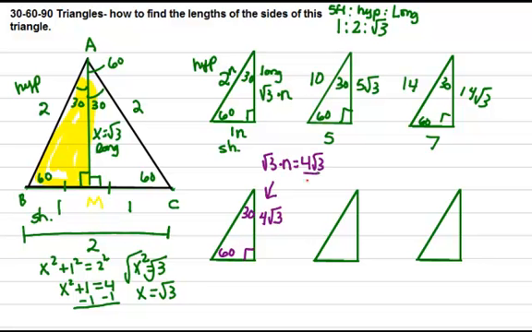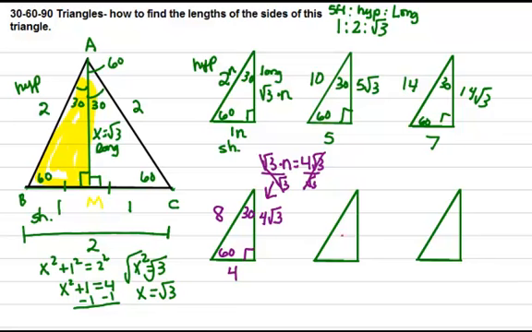If I solve this by dividing both sides by the square root of 3, I know that n has to be 4. So n, or 1n, is the short leg, which is 4. Therefore, since the short leg is 1n, the hypotenuse is 2n, so the hypotenuse has to be 8.